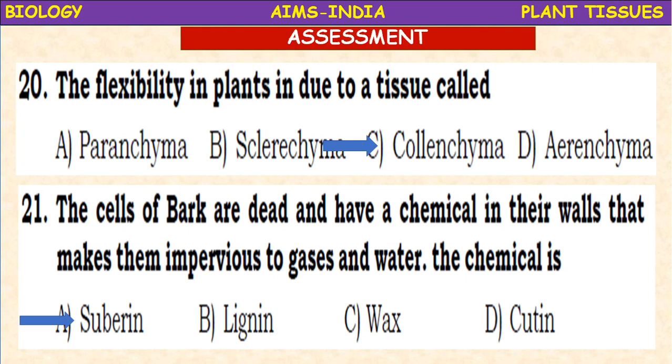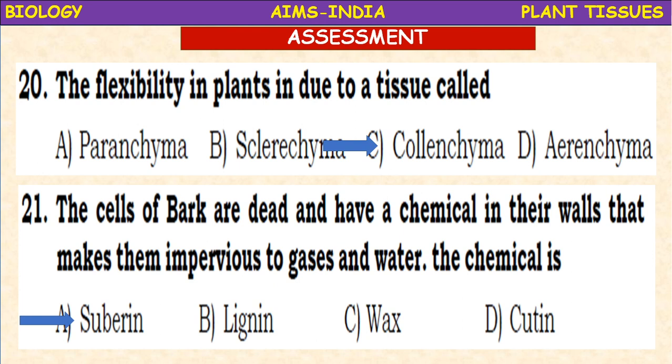So actually the cell wall in plant cells is made up of different types of chemical substances. The main one is cellulose. In some plants, along with the cellulose, different other chemicals are also present. They are lignin, suberin, pectin, hemicellulose, like that.